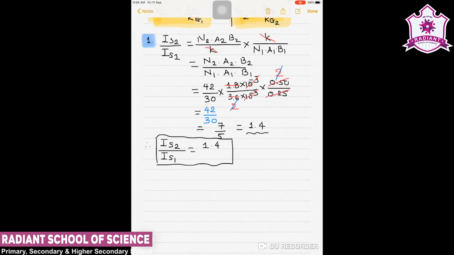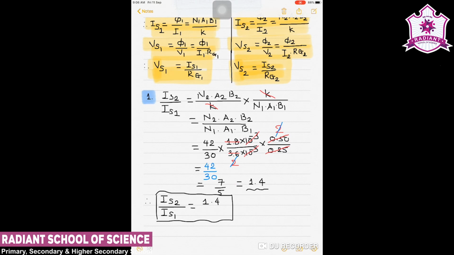Now they have also asked us to find out the voltage sensitivity, and we have the equation for the voltage sensitivity as shown, that is Vs1 and Vs2.